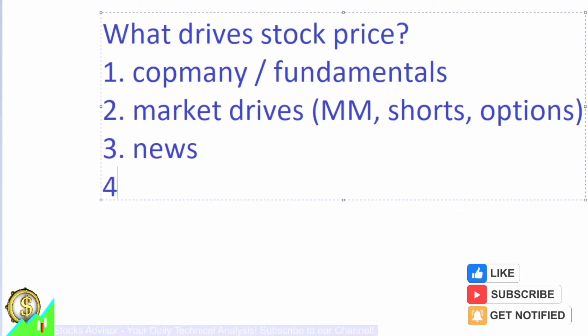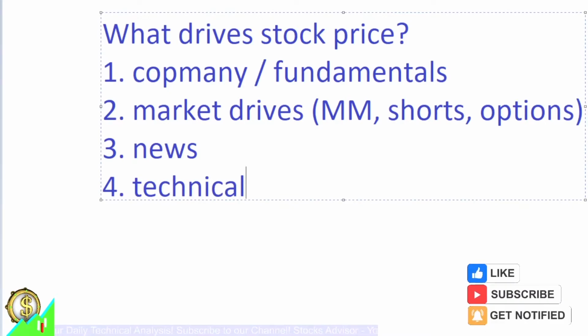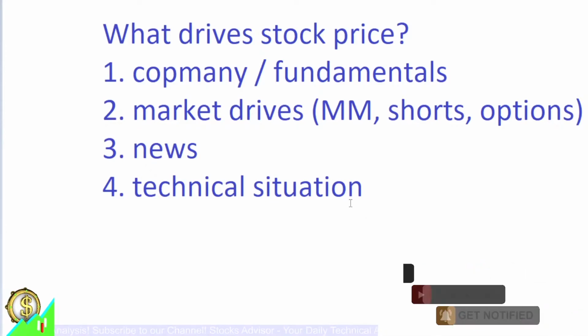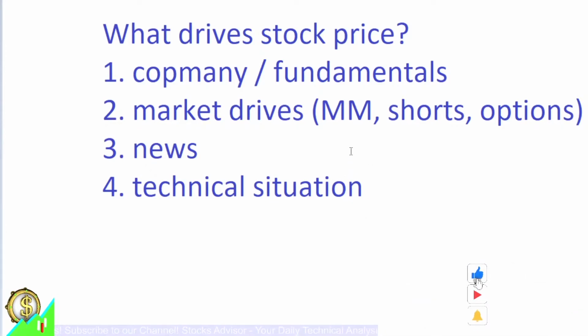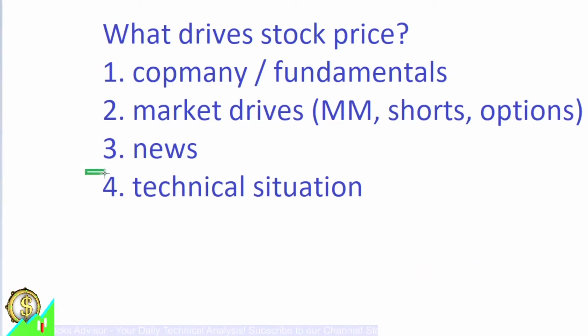And of course, the fourth thing that drives the price is technicals, or the technical situation. This is very important. Those who approach stock trading as technical traders, of course, want to trade on the fourth parameter, the so-called technical situations. But the question is, when is it working?